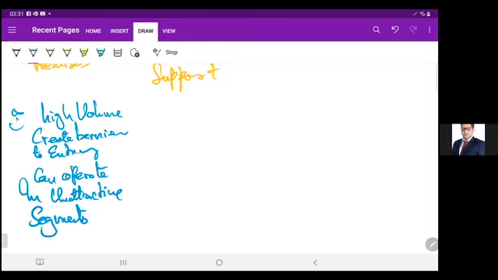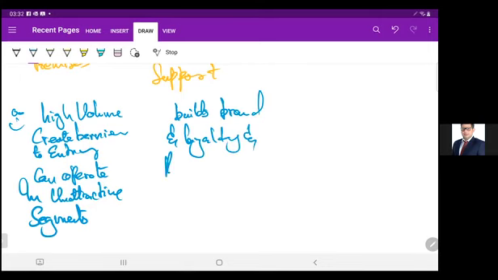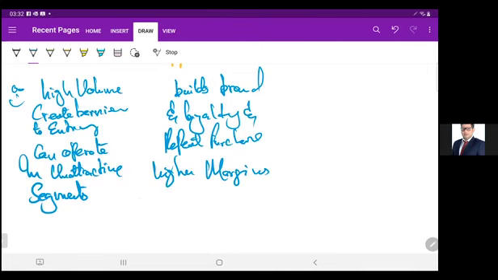And what are the benefits of differentiation? It builds brand and loyalty and repeat purchase. You can get higher margins and you can reduce the power of customers.